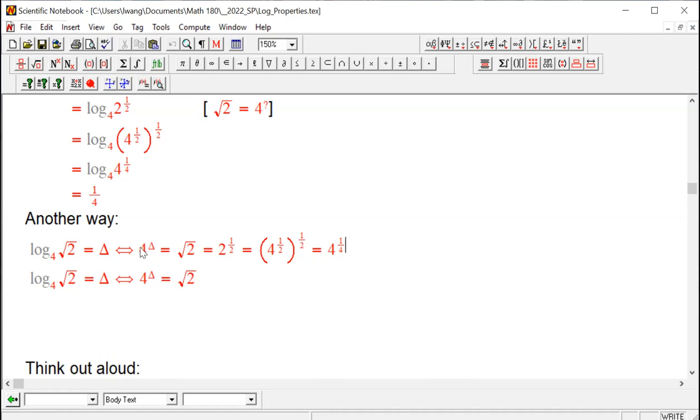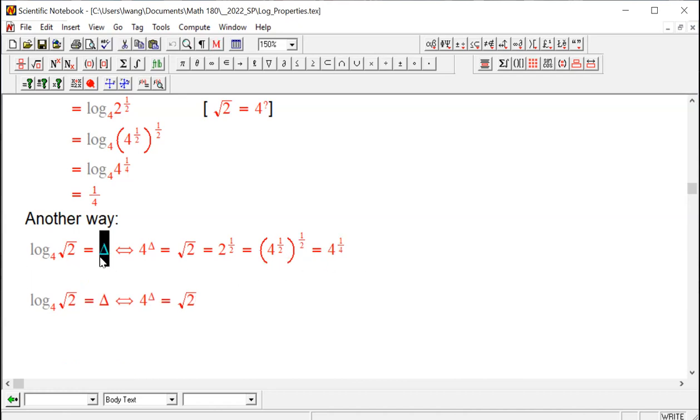Now you have 4 to the power triangle and 4 to the power quarter, they're equal, therefore this triangle is going to equal a quarter. And there you go, finished.